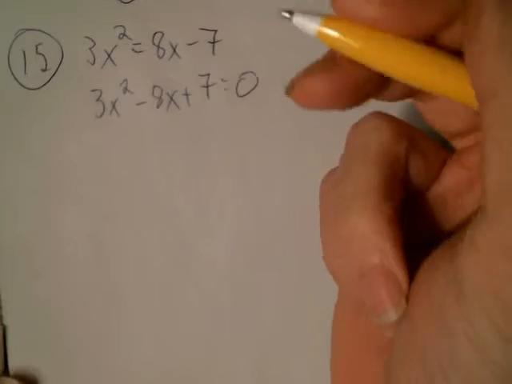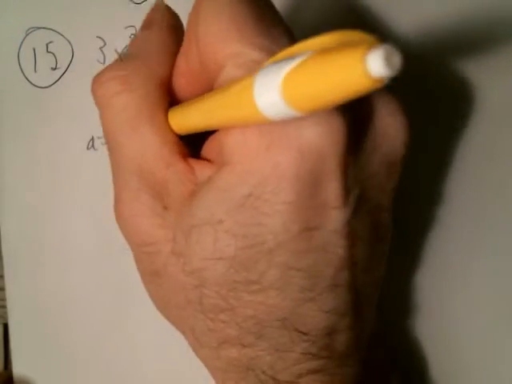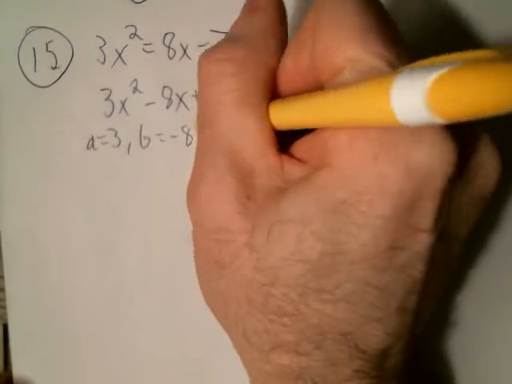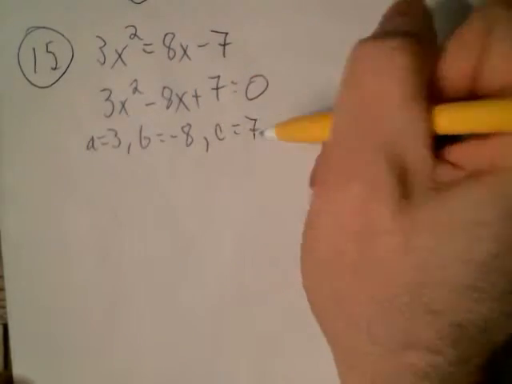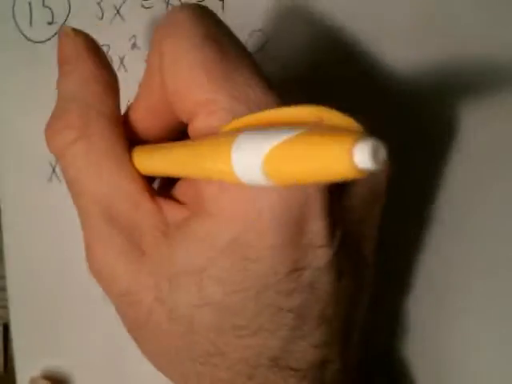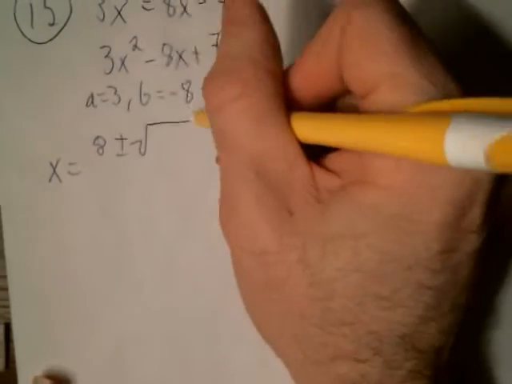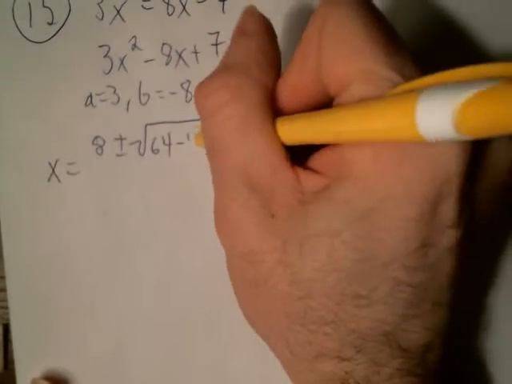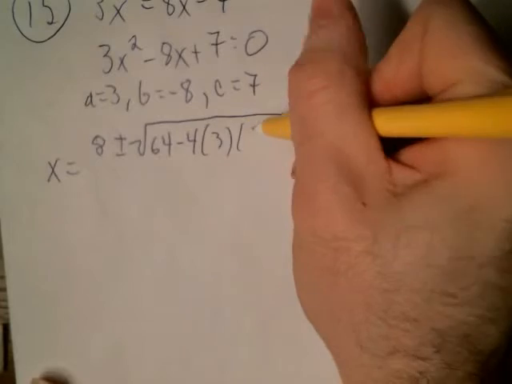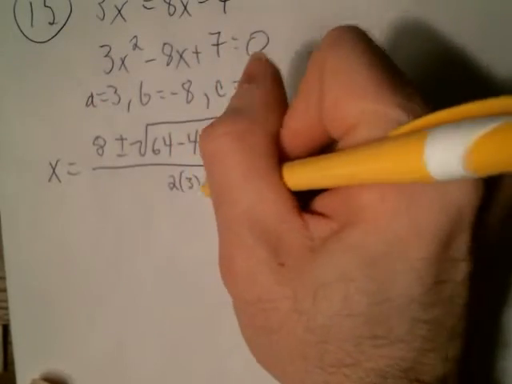And I can't really factor it off the top of my head, so I'm going to go to the quadratic. A is 3, B is -8, and C is 7. So plop it into my formula. X is -b, so -8 is 8, plus or minus the square root of b squared, which is 64, minus 4 times A times C. And then that's all over 2 times A.